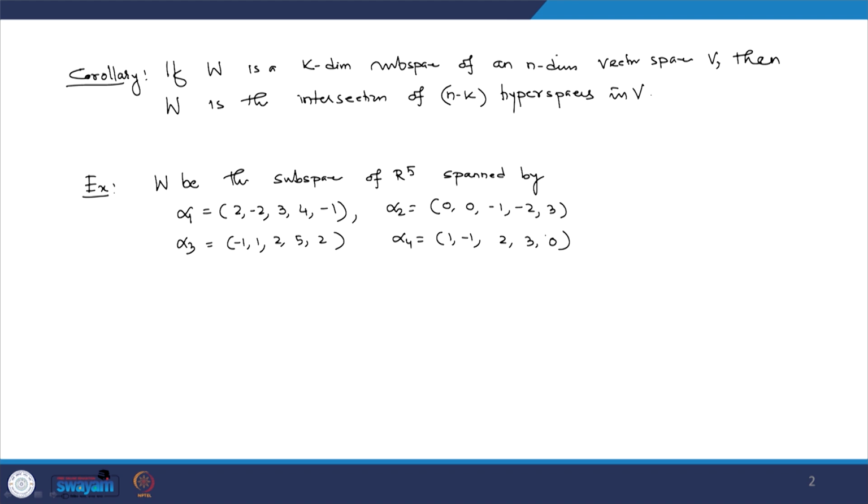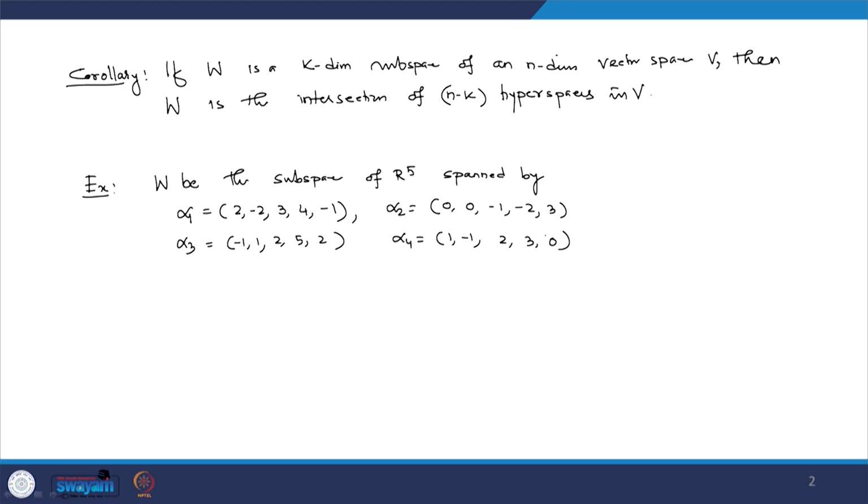If it is 4, then I have to prove that this subspace is the intersection of 5 minus 4, that is 1 hyperspace.